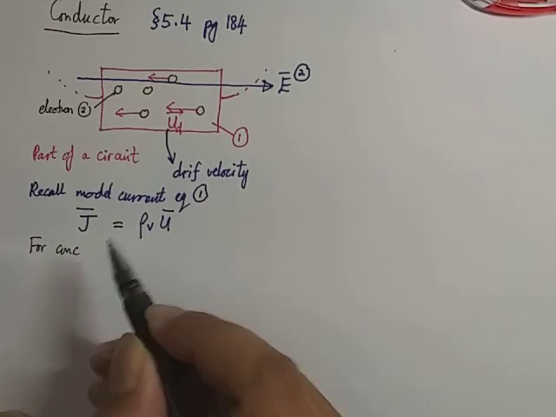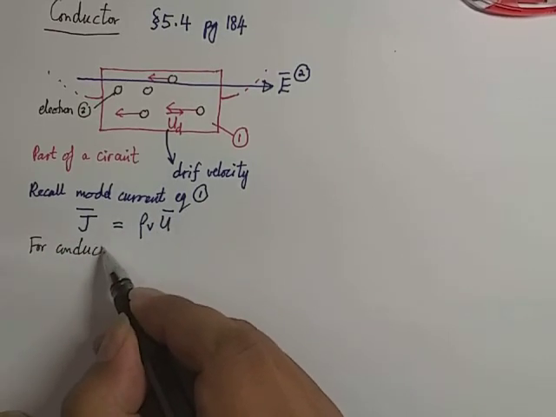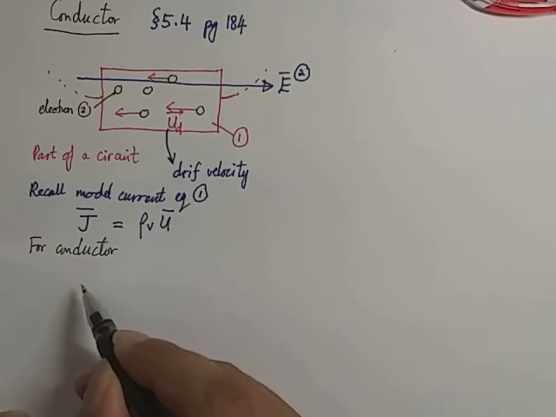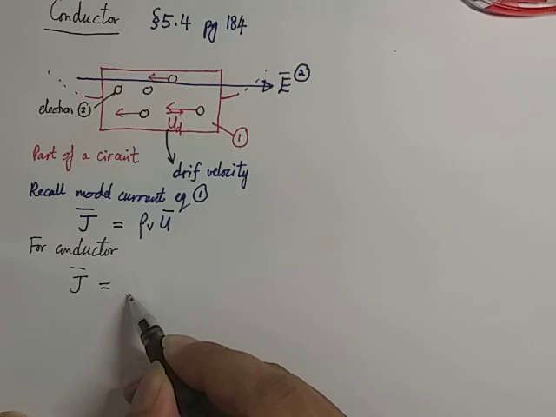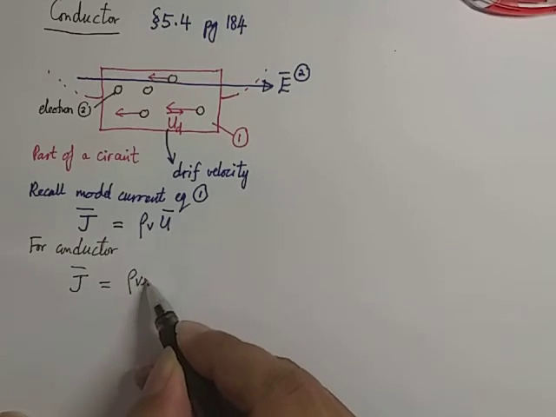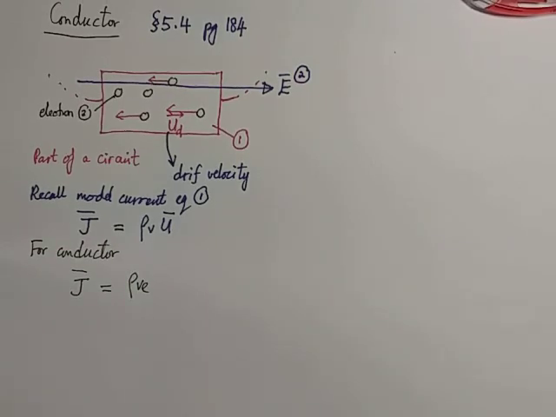For a conductor, we are going to say J is equal to rho VE. Why do we denote it as rho VE?